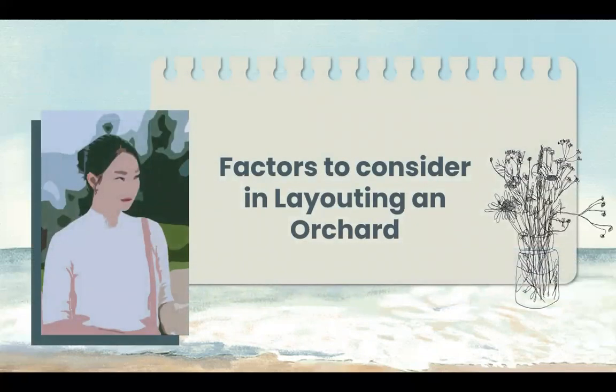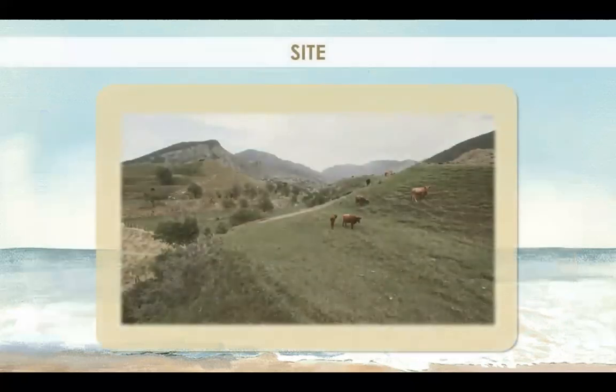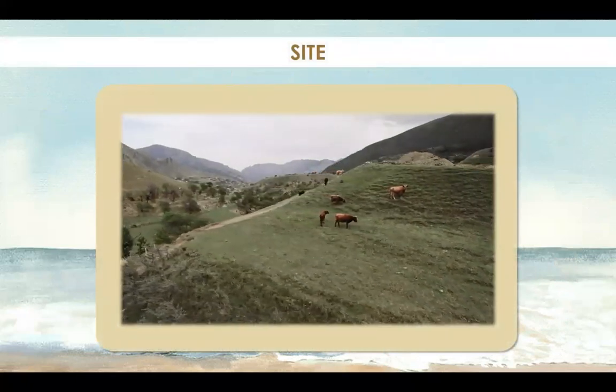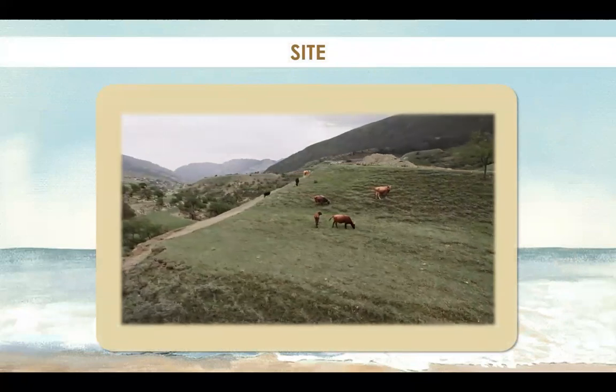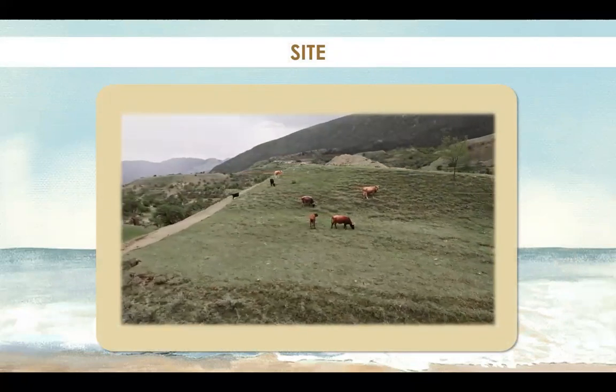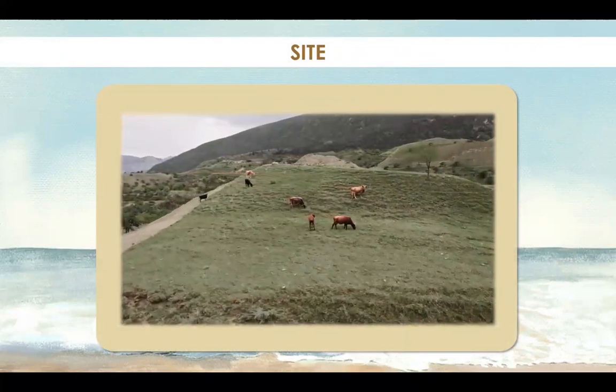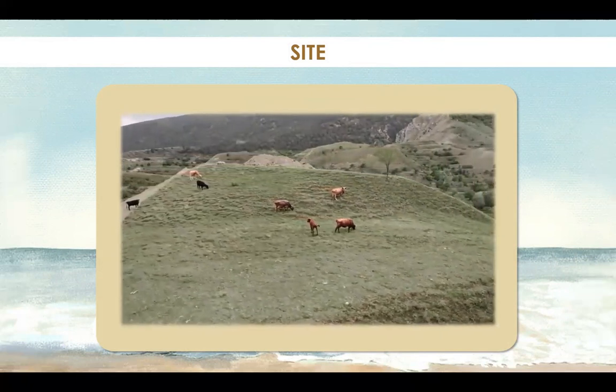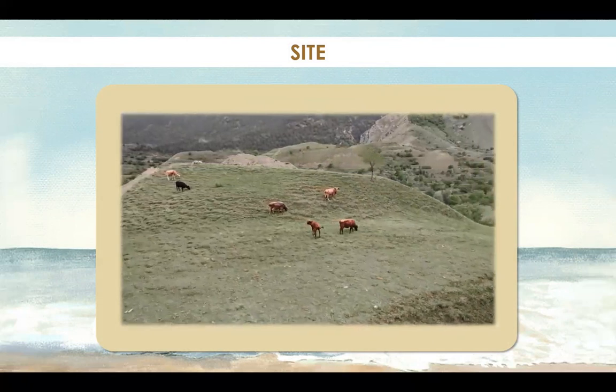Factors to consider in layouting an orchard. Site. The topography of the land refers to the physical features such as mountains, hills, slopes, and bodies of water. Erosion usually occurs in slopes and hilly lands which need to be contoured for farming.